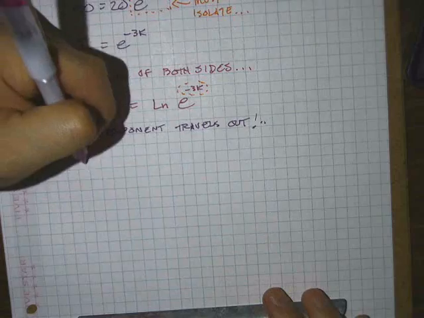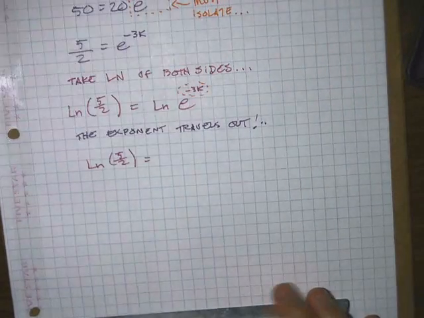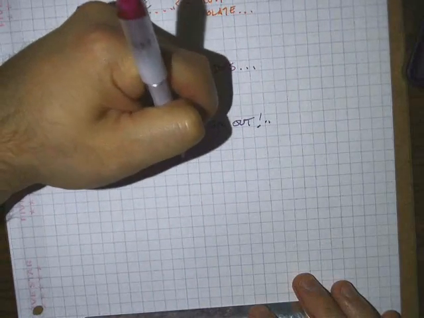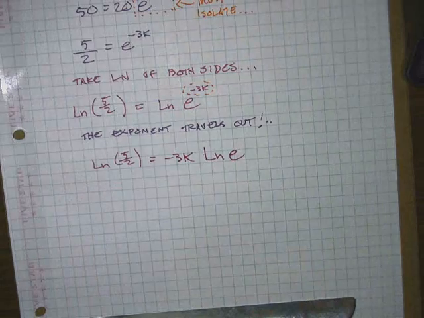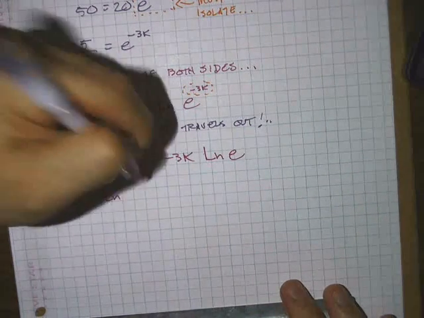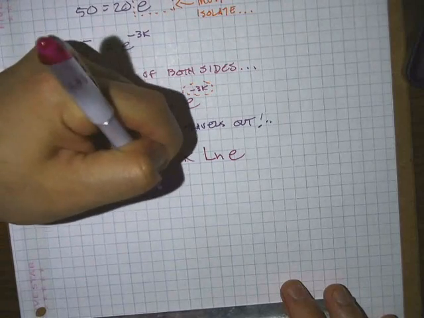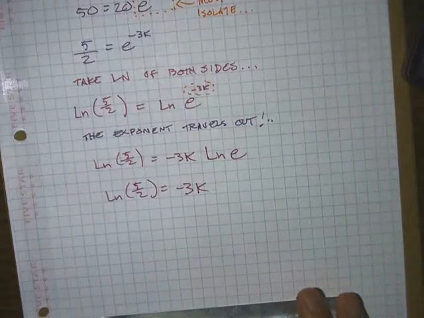So we're going to be left with ln of 5 over 2 on this side, which is just a number, equals negative 3k ln of e. Ln of e is just equal to 1, so I can rewrite this as ln of 5 over 2 is equal to negative 3k.